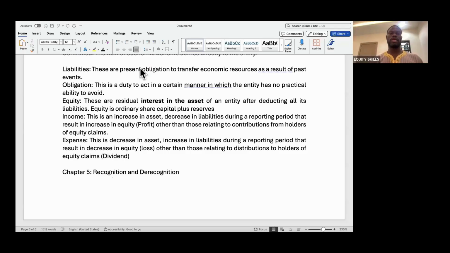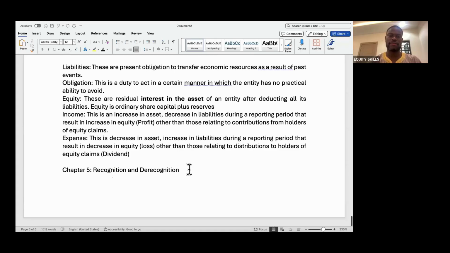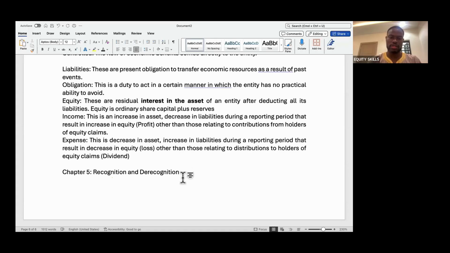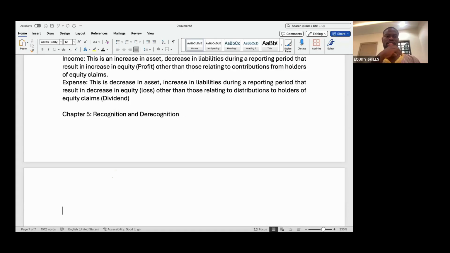Okay, so let's go to chapter 5 that talks about recognition and derecognition. So two things here. First is recognition, which means how do you recognize or record items or all these elements that we have explained in the financial statements?